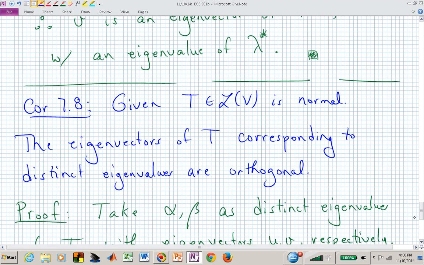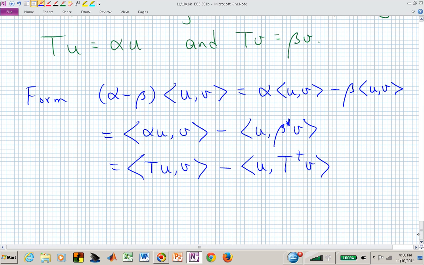We started with T being normal. So that now we know that the eigenvalue beta of T is associated with the adjoint of T's conjugate of beta as an eigenvalue. And they share the same eigenvectors. So we're using that information.